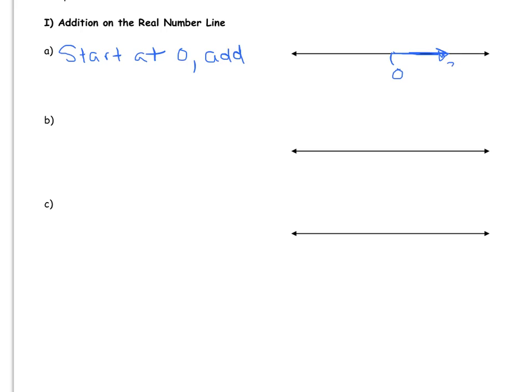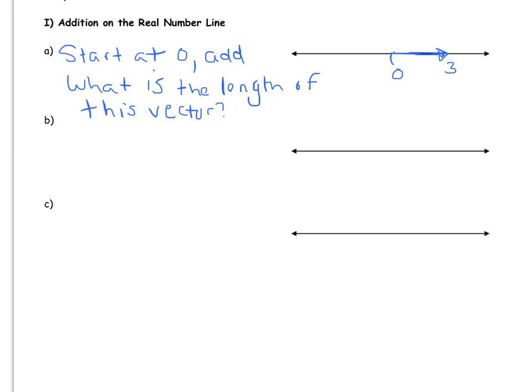So there's my vector. So now I'm at 3. What is the length of this vector? Well, we of course know it's 3, right? 0 plus 3 equals 3. Hopefully you've stayed with me so far.